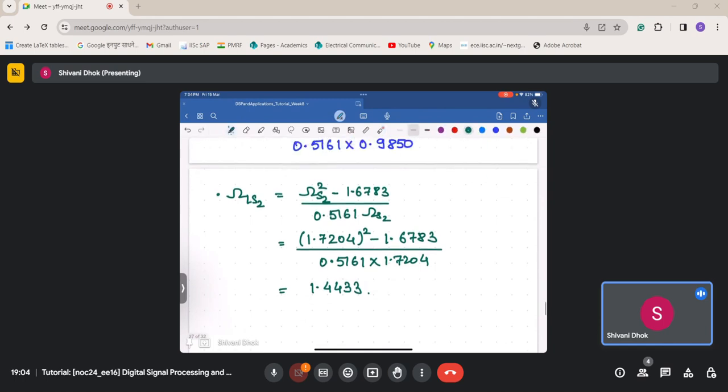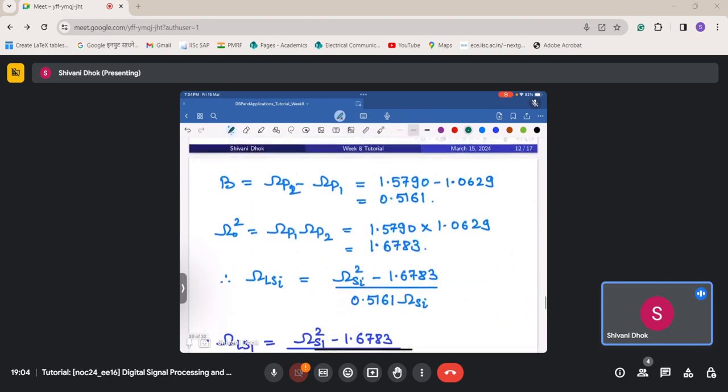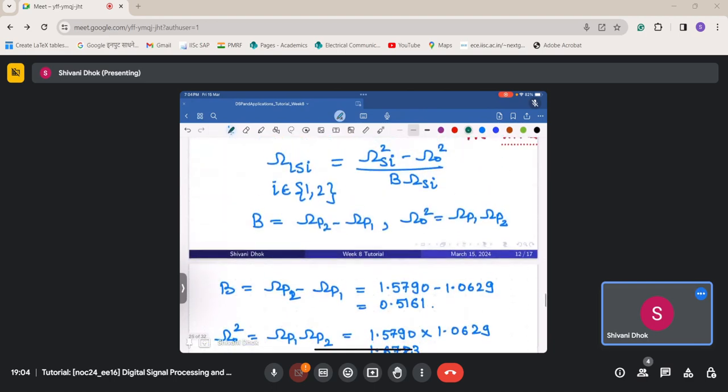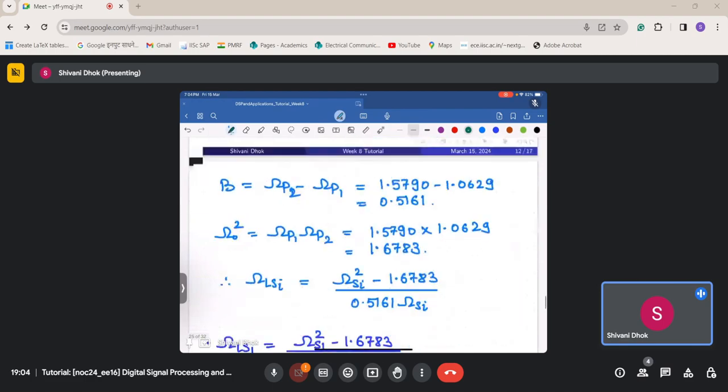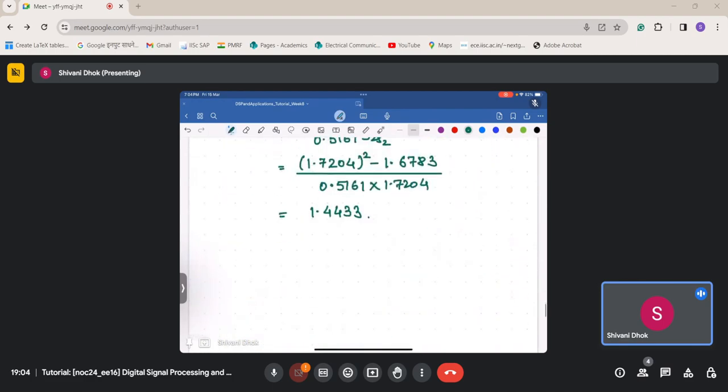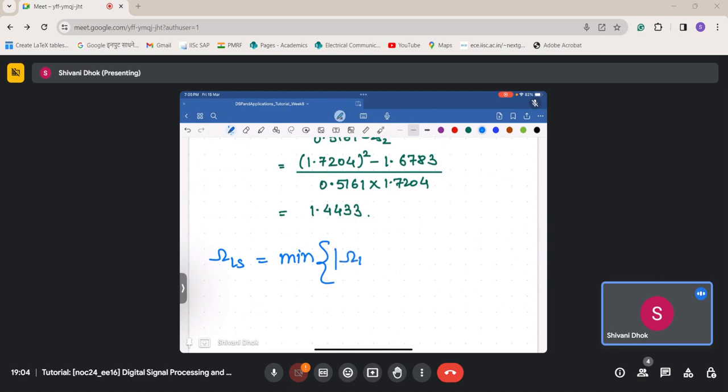Okay, so now we have this omega ls1 and omega ls2, and therefore what we need to figure out is this omega ls, and we said that omega ls is equal to minimum of magnitude of omega ls1 comma magnitude of omega ls2.